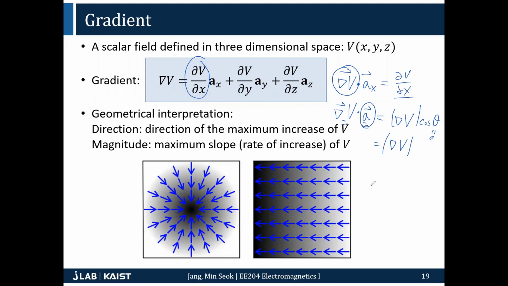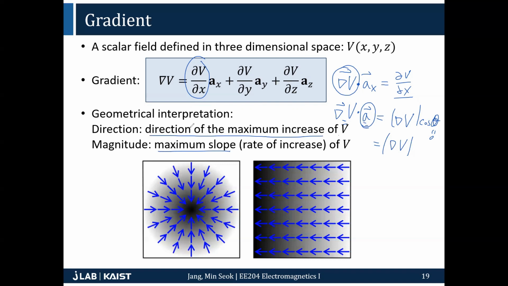So the magnitude of gradient of v is the maximum slope you can get. And this only occurs when theta is 0, so the direction of gradient of v tells you the direction of maximum increase, right?